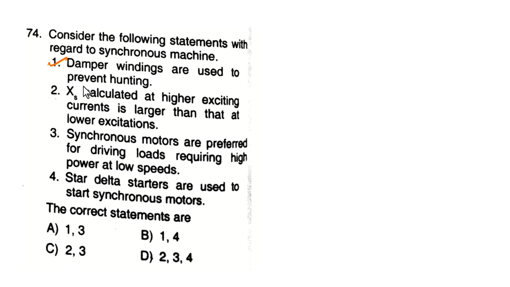Why? Because when the machine is running at a speed higher than the synchronous speed, or lesser than the synchronous speed, the damper bars come into the picture and try to maintain that constant speed. That is nothing but hunting. Okay, next one. The XS at higher exciting current is decreased due to saturation. So this is a wrong statement.